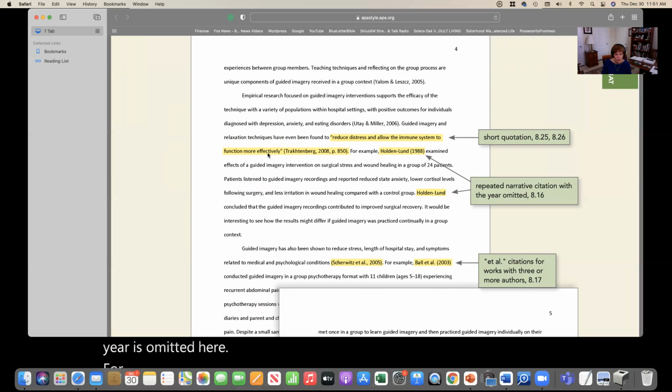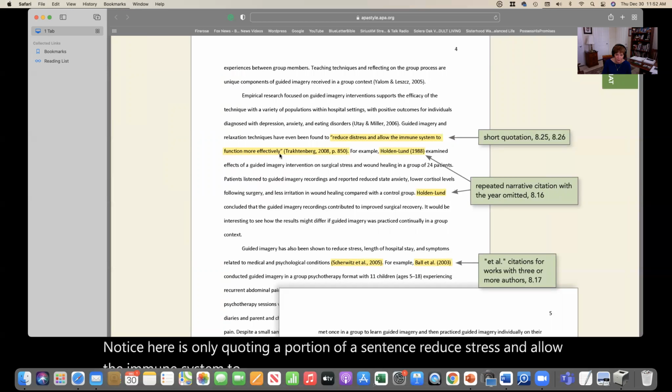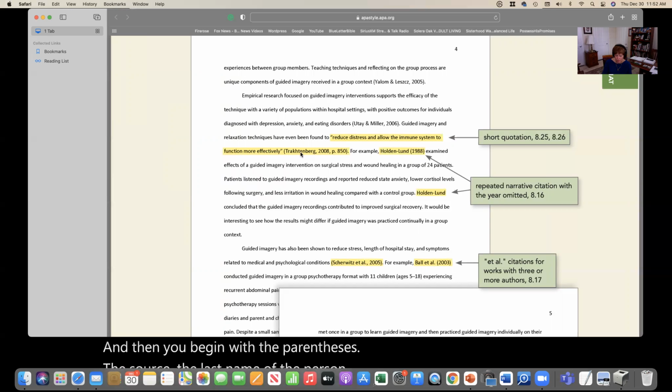For this short quotation, notice here it is only quoting a portion of a sentence: reduce stress and allow the immune system to function more effectively. Notice the quotation ends, there's no punctuation. And then you begin with a parenthesis, the source, the last name of the writer, comma, the year it was written, comma, small p, period, page 850, parenthesis closed, and then the period.